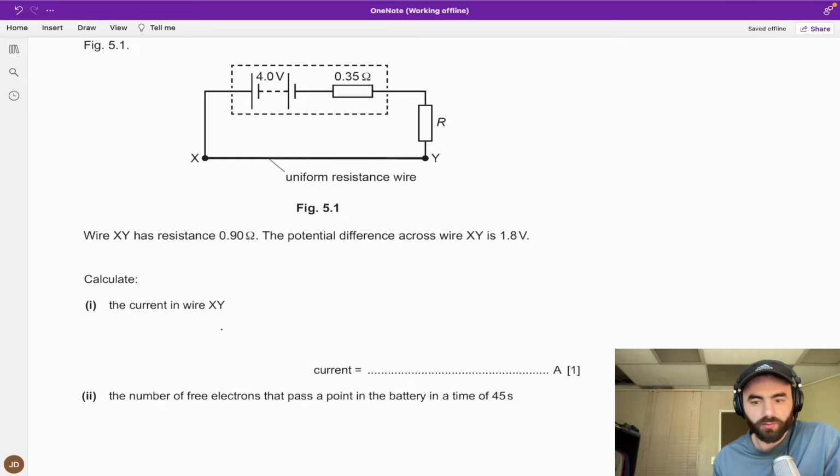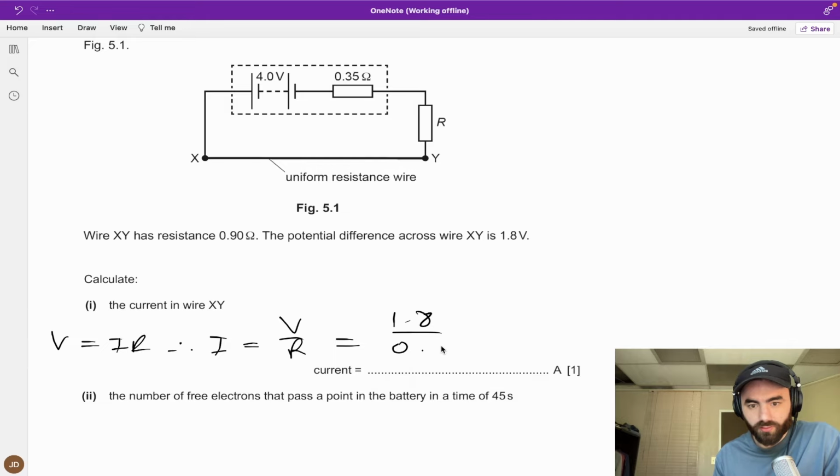Calculate the current in the wire. Well, V equals IR, therefore I equals V over R. There's a potential difference of this and a resistance of this.